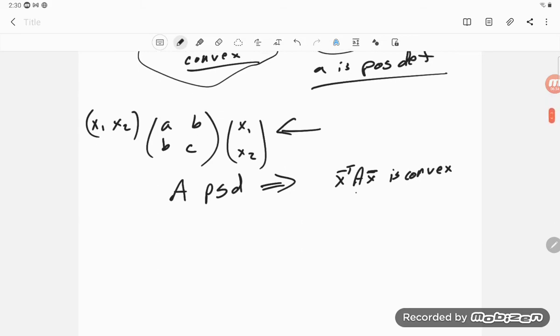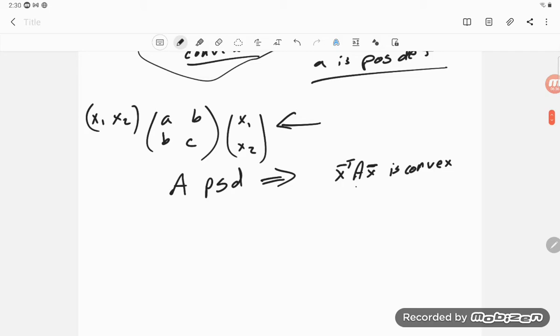And then similarly, you want to show that if x transpose Ax is convex, that implies A is positive semi-definite. Now, a shorthand notation for that is to write this, which again is a math idiom, because a matrix A cannot be greater than or equal to 0, a scalar.